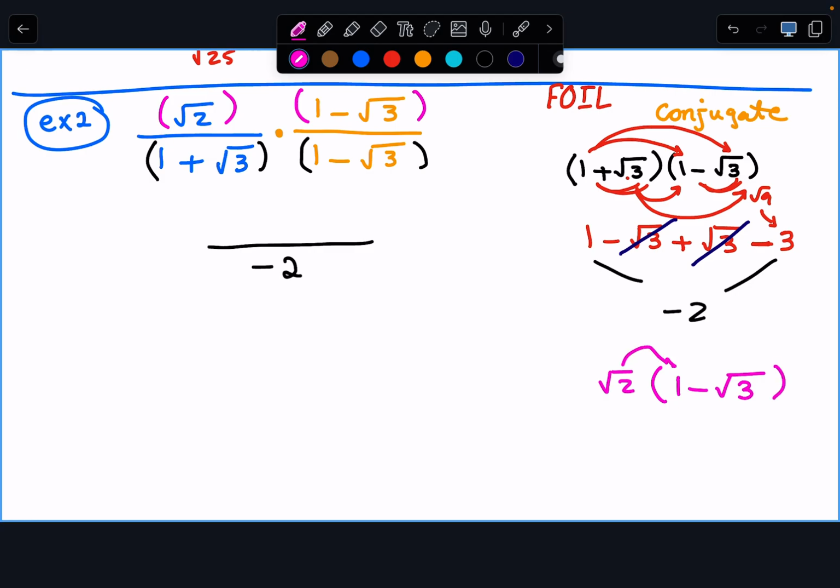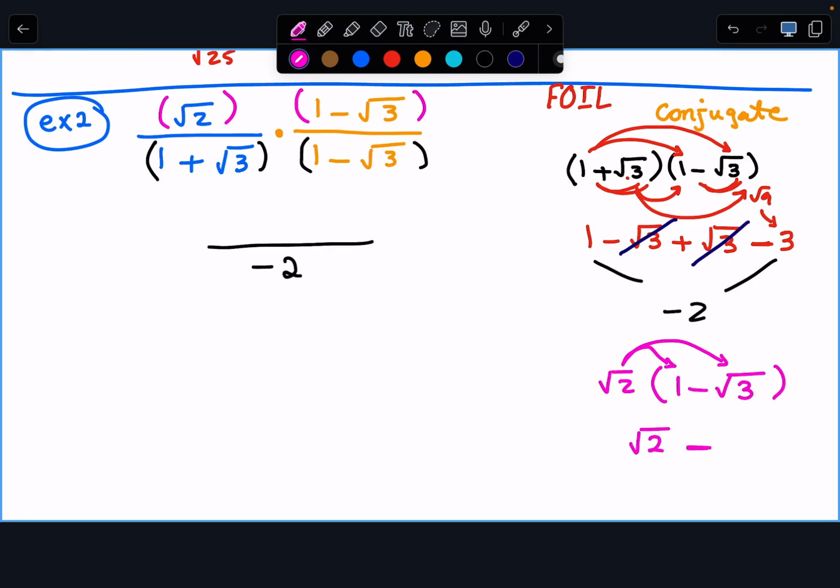Root 2 times 1 is 1 root 2, which is just root 2. 1 times anything is itself. 1 times root 2 is root 2.